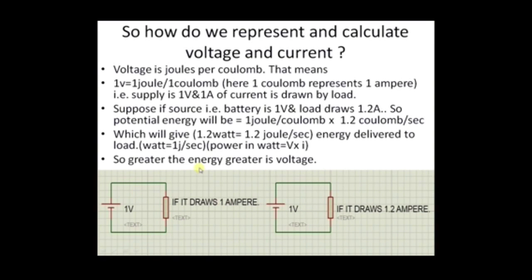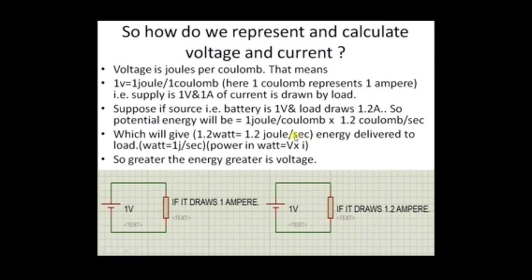So taking another example, considering this second example, let this voltage be the same 1 volt and let this load draw 1.2 ampere through it. So how can we calculate the power? We know the formula for power. Power is nothing but voltage into current, right?